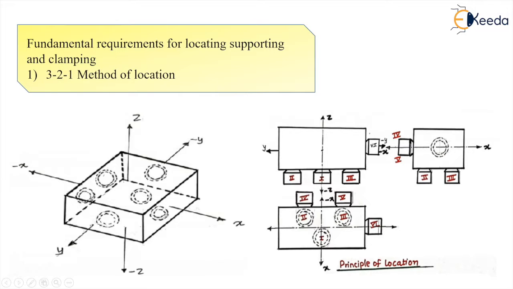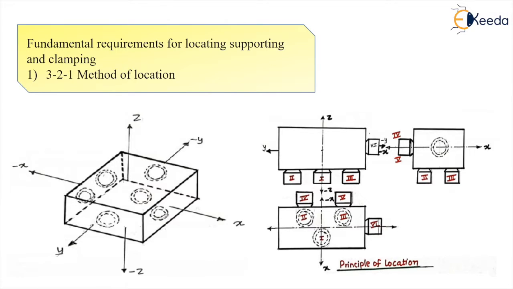Along this x axis we are having positive x and negative x movement, that is the translation. Along the y axis we are having 2 degrees of freedom of translation, and in the same way in the z axis, 2 degrees of freedom for translation.